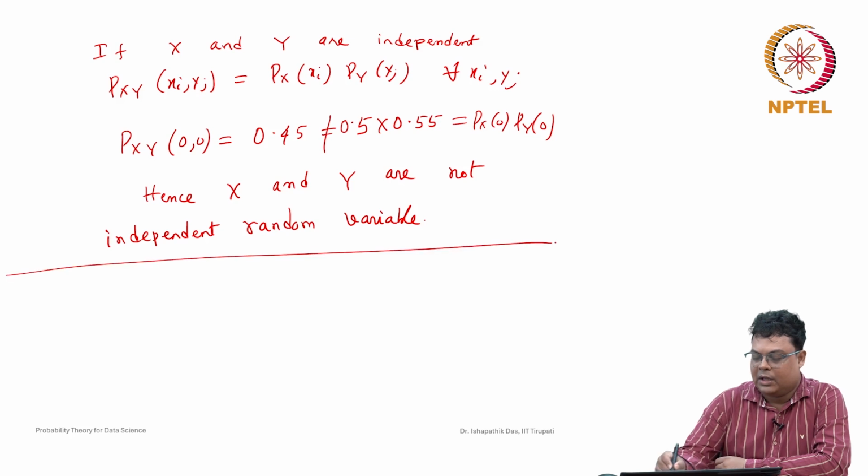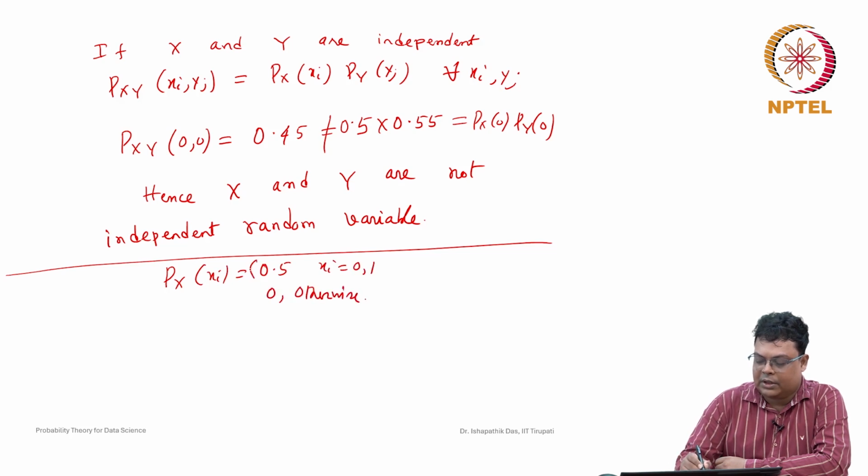Suppose we want to find the mean and variance, so we know how the probability mass function px is defined. Px of xi is equal to 0.5 whenever xi is equal to 0 or 1, and 0 otherwise.